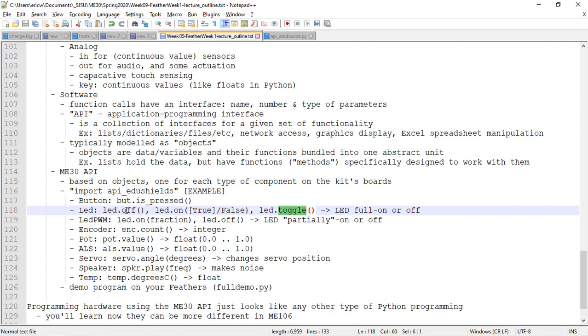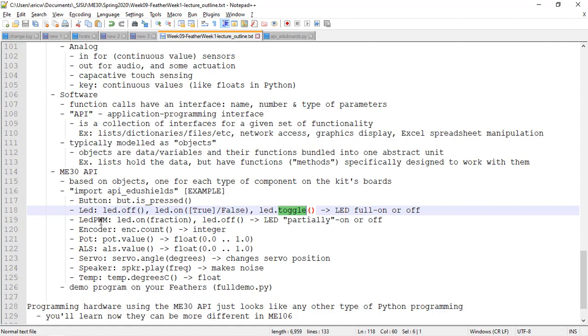You could have remembered that the LED was off, and if you want to change it to its opposite state, you would have an if statement that says, if I'm currently off, then I want to turn the LED on. But I just added a function because it's something that you may want to do, and it's easy for me to provide to you, just this toggle function.